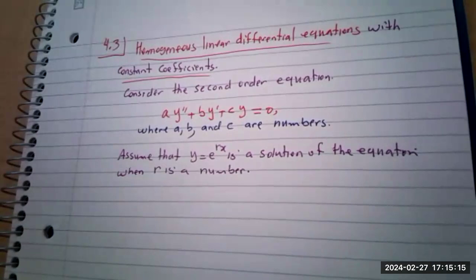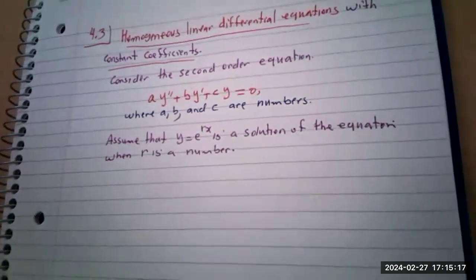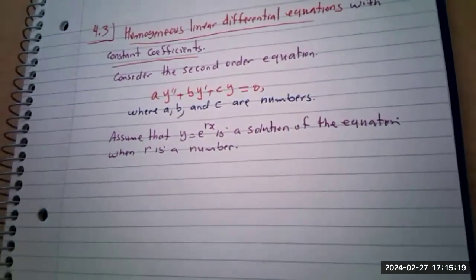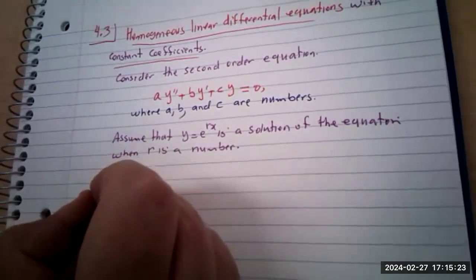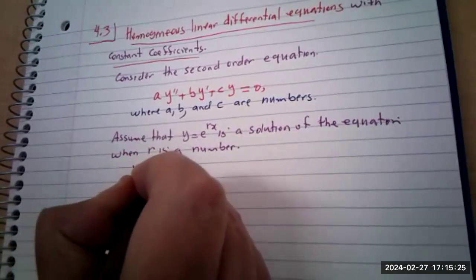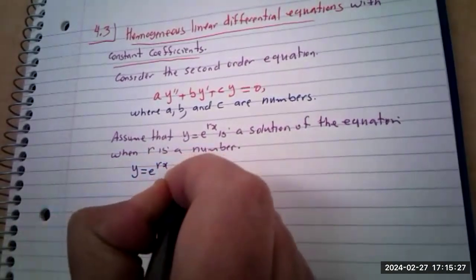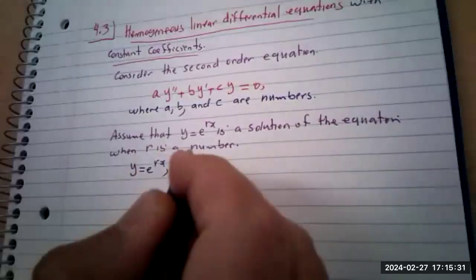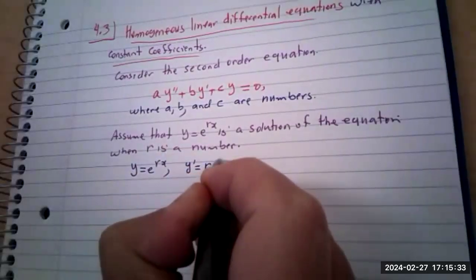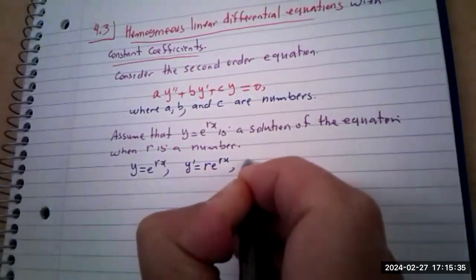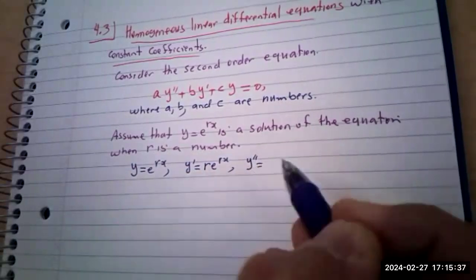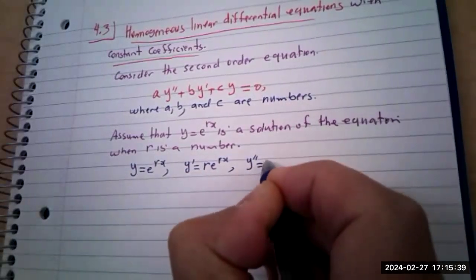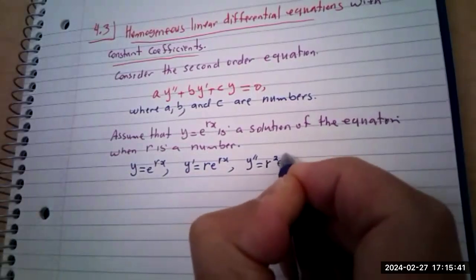So if you assume that this is the solution of the equation, it must satisfy the equation. So get the derivative of the function. y is e to the rx. You differentiate it, the exponential function never changes, so y prime is r e to the rx. Differentiate again, you get another r, so y double prime is r squared e to the rx.